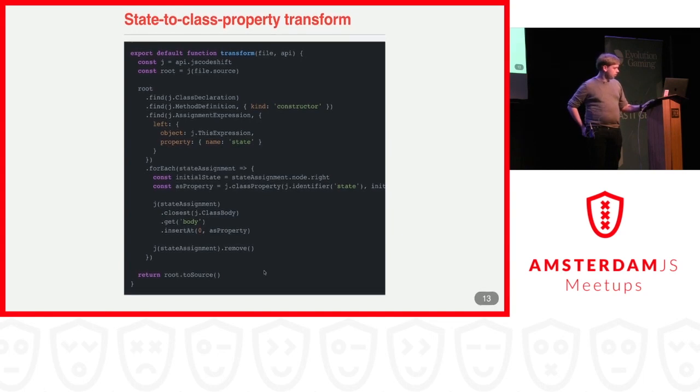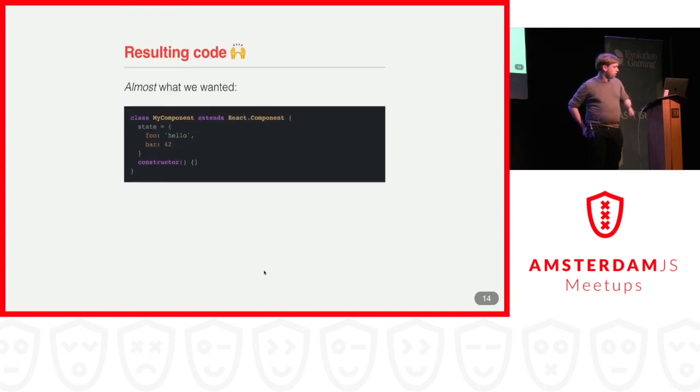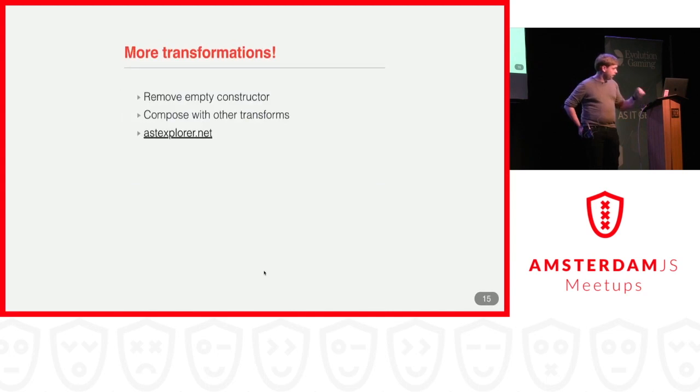So we actually did run this, and it's more or less what we wanted. We were able to move out these states to a class property, but there was something unexpected happening as well, because we forgot to clean up constructors when they're empty, which was a bit messy. So, of course, what we ended up doing was more transformations.